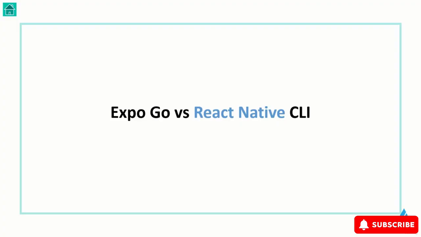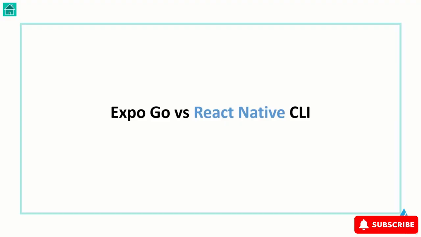Expo CLI also provides a development server that you can use to preview your app during development, as well as tools for building and publishing your app to different app stores. Okay, and now on to React Native CLI. So what's the difference? React Native CLI, on the other hand, is the official command line interface for React Native.